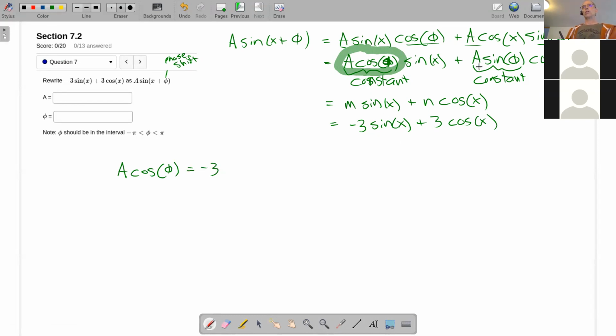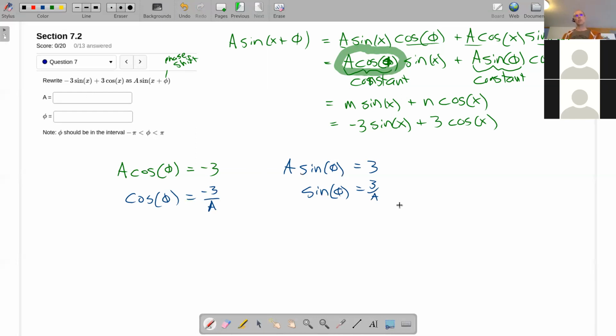Now I also know my constant A sine of phi has to be +3. Rewriting this one more time, if I move the A to the other side, then the sine of phi has to be 3 over A, and the cosine of phi has to be -3 over A.